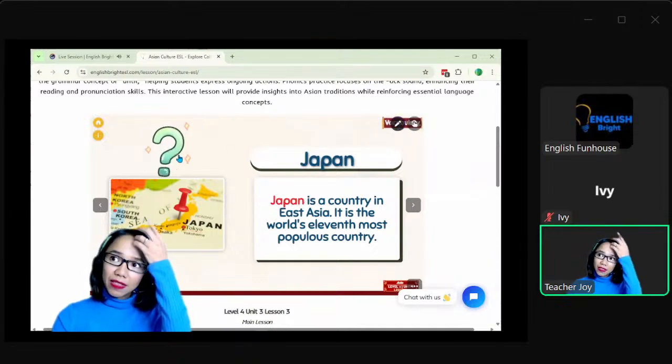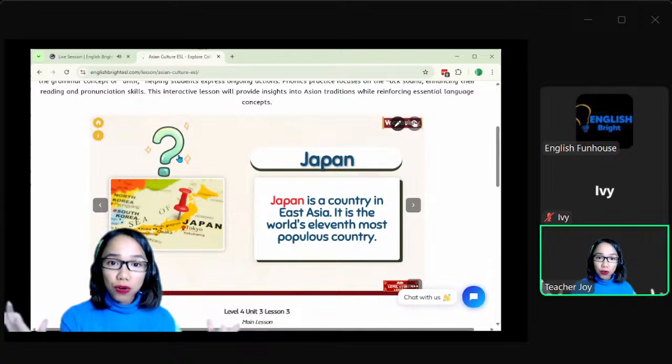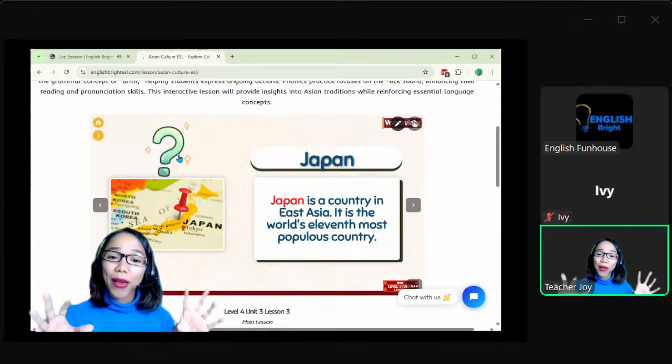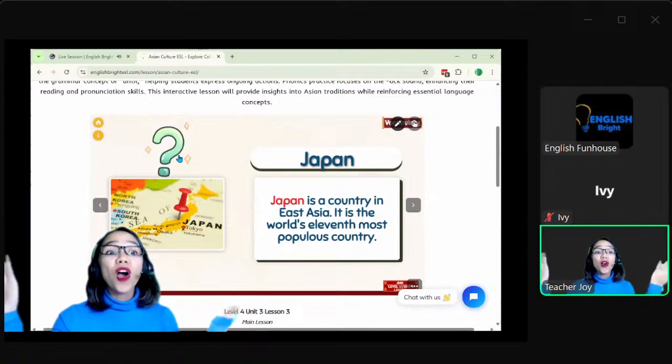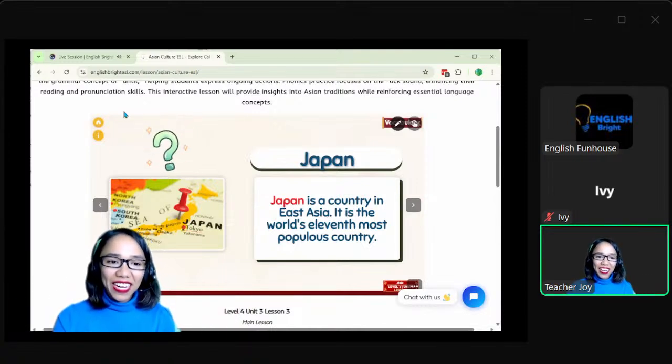If you think they have no idea what Japan is, you can kind of show them like the sakura trees, the animes, all the famous characters in Japan. And they would say, okay, so this is what it is, Japan. All right.